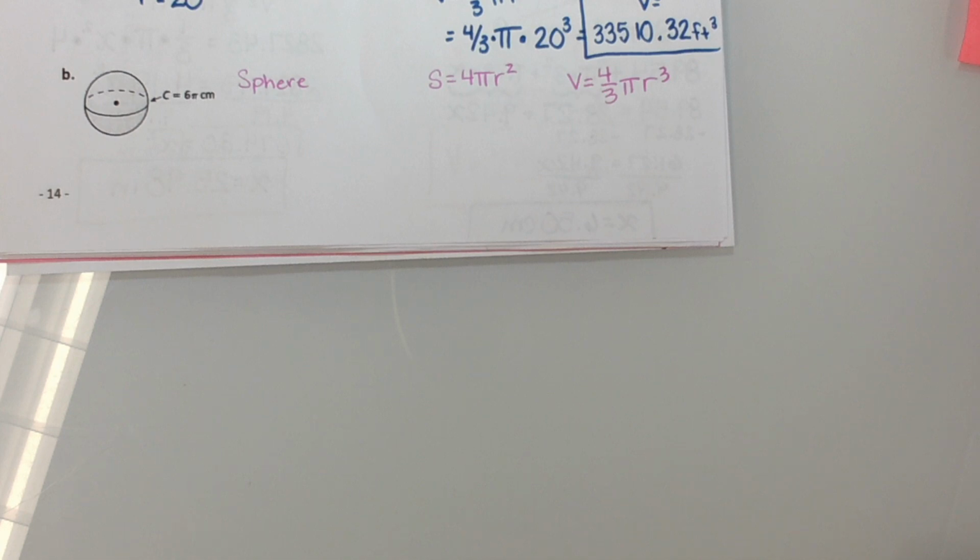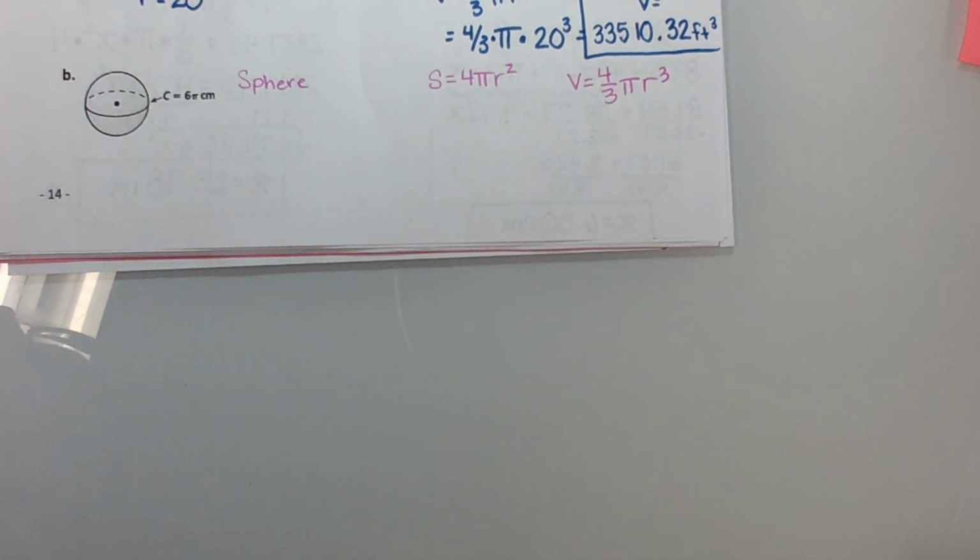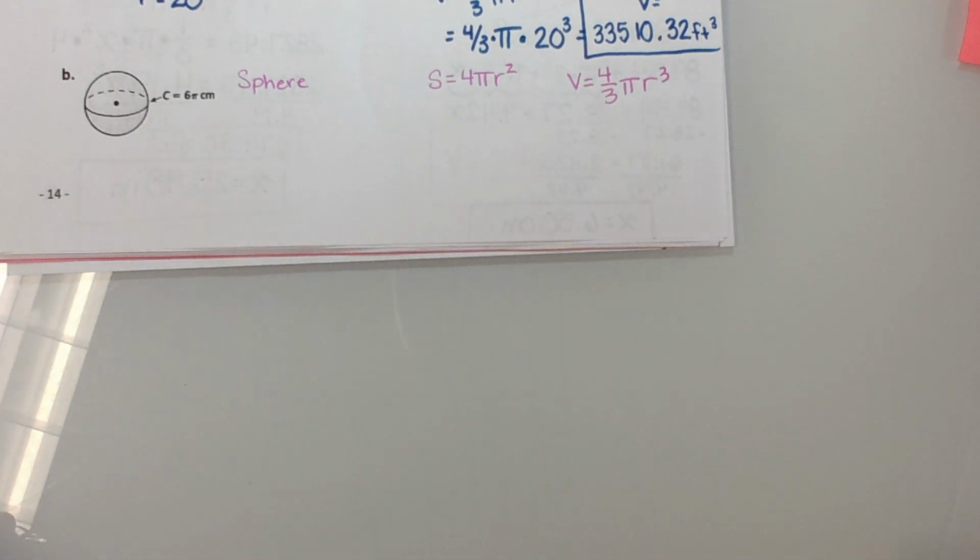No. What is it giving me instead? Circumference. It's giving me the circumference of the great circle. I need radius. If only I knew a relationship between a circumference of a circle and a radius of a circle. If only there was a sheet of paper that might help us with this, that maybe has the circumference formula on it.